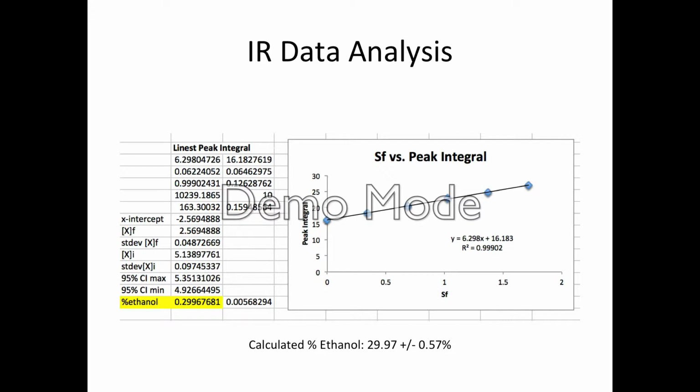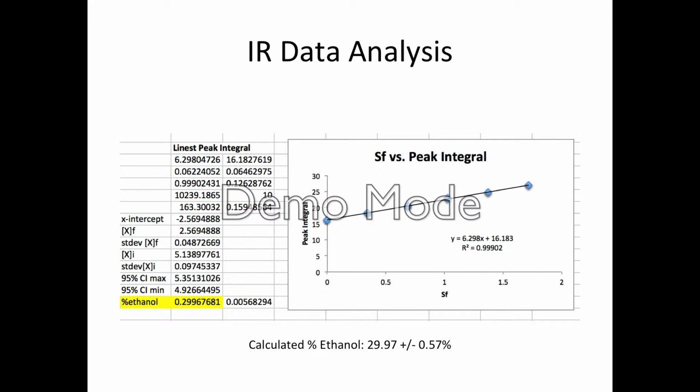We did the same thing, but instead of calculating it with peak height, we did it with peak integral, and the calculated percent ethanol in this one was about 30% ethanol plus or minus about 0.5%, and I'm not sure.